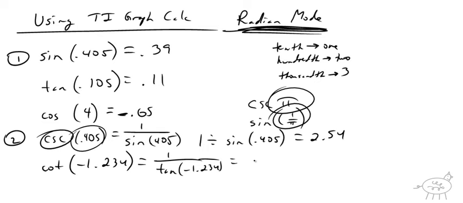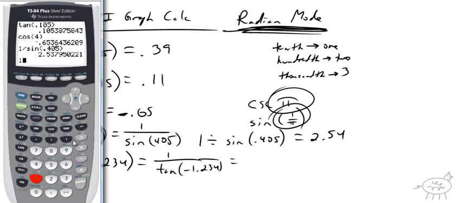Okay? So that's 1 divided by that. So let's type that in. 1 divided by tangent of negative 1.234. Enter. So it's negative 0.35.